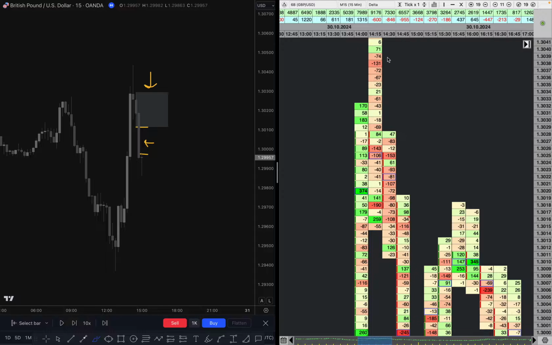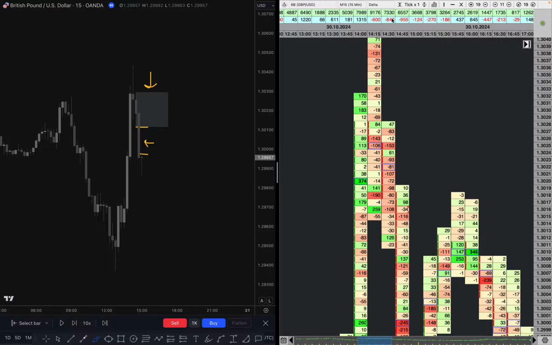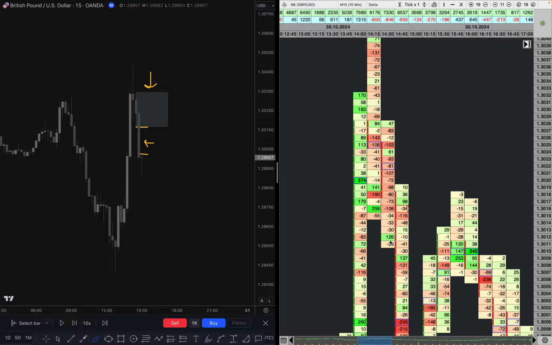Since we have that 230 supply candlestick here, you want to look inside it. I don't look at the overall delta, I look at the delta within the candlestick, and I identify if there was active buying within that sell candlestick. You can see that here we have 126 and it's highlighted in a strong green, and with experience you'll be able to identify what the strong numbers are as well.